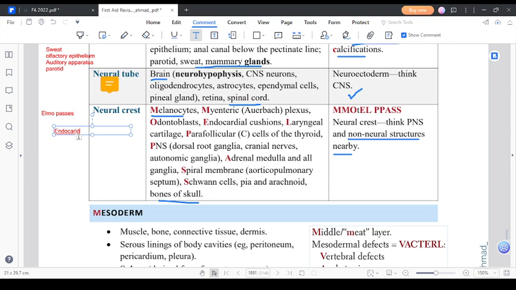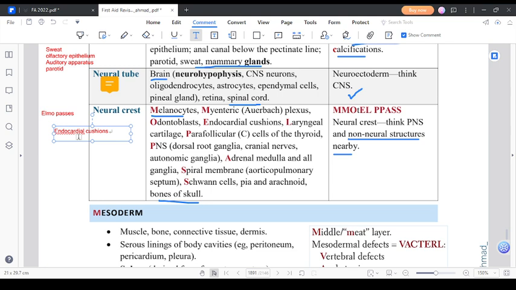Then L is for the laryngeal cartilage. M is for the melanocytes.